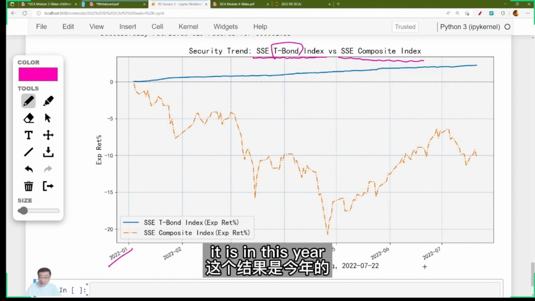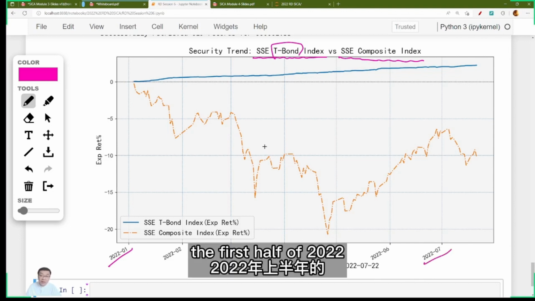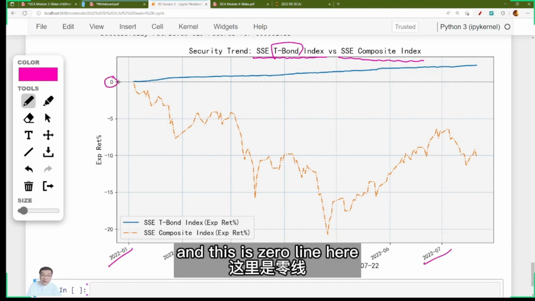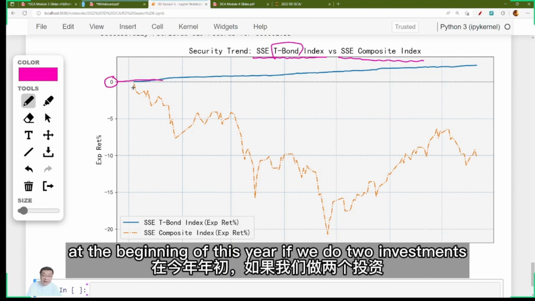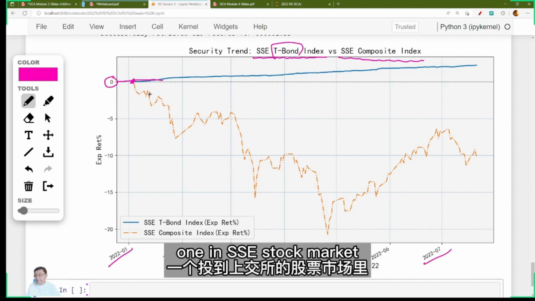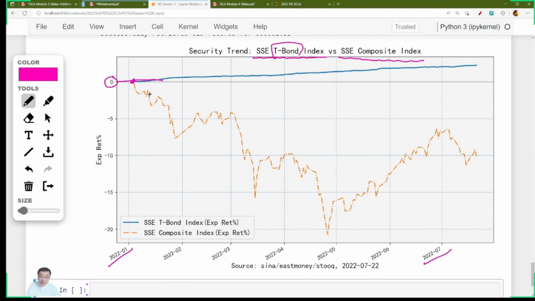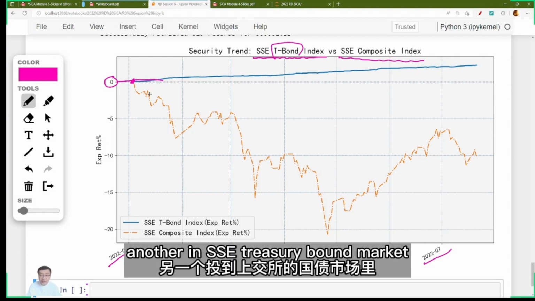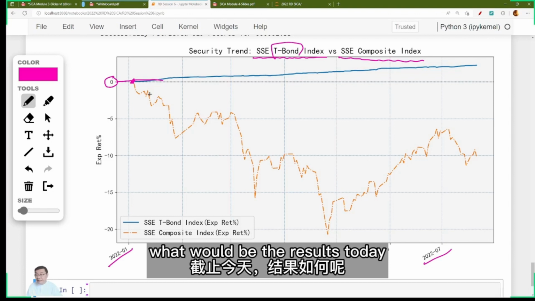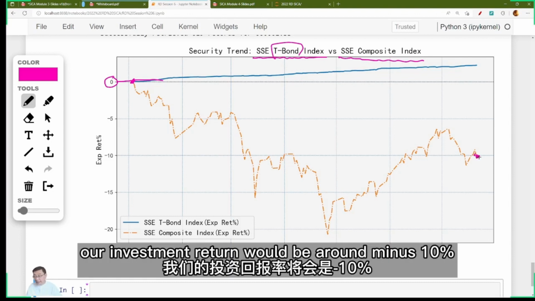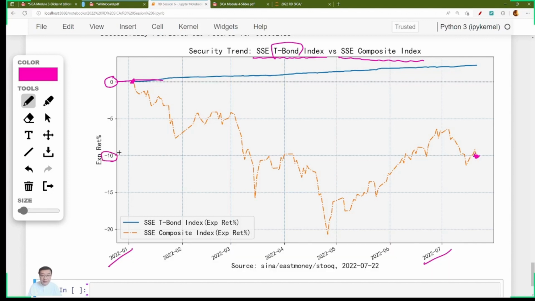It is this year, the first half of 2022, and this is the zero line here. At the beginning of this year, if we make two investments, one in the SSE stock market and another in the SSE treasury bond market, what would be the results today? Our investment return would be around minus 10%, meaning a loss.